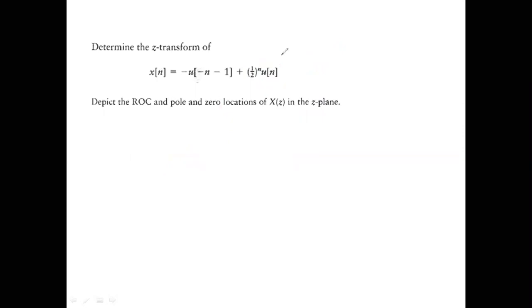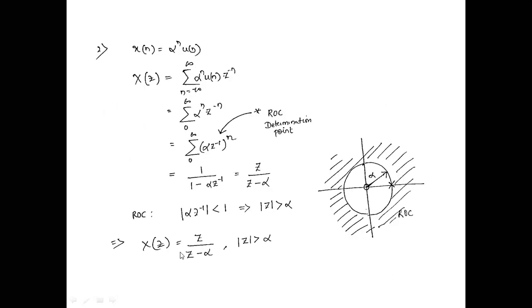We will not go and try to solve with the formula. Let me go back to the previous numerical and show you. We have done alpha to the power n into u of n, so it is z divided by z minus alpha, with magnitude z greater than alpha.